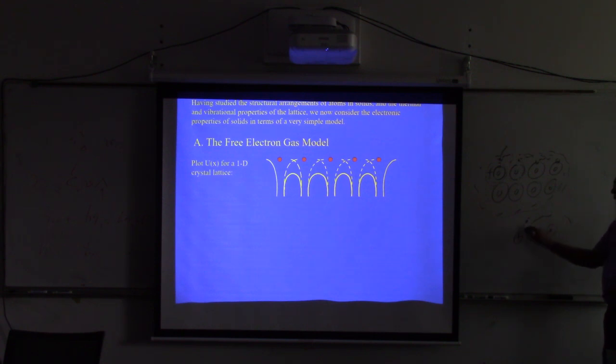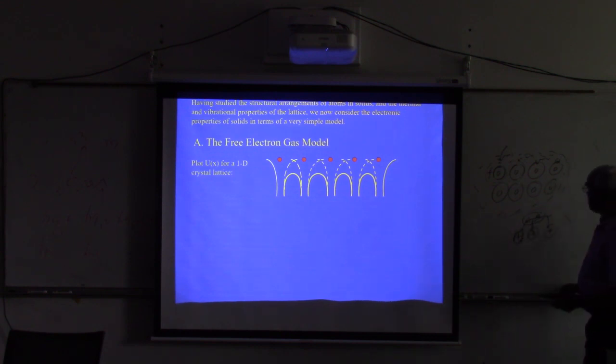Ideally you have to consider the interaction of the electrons with the ions, and also electron-electron interaction. That's a really difficult problem to address, but electron-ion interaction is easy to address. So the free electron gas means we even neglect that ion-electron interaction.